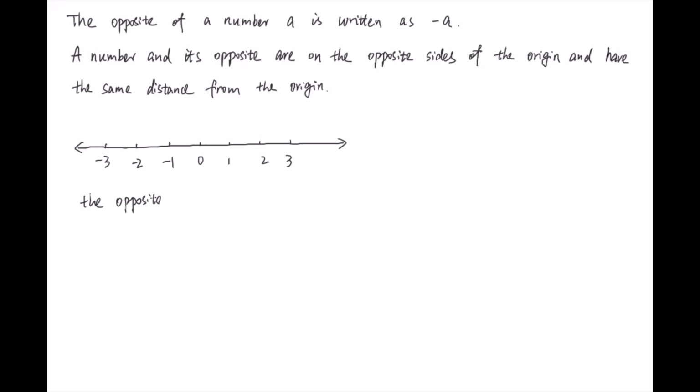The opposite of the number 3 is -3. So the number 3 is right here, and its opposite is -3. You can see 3 and -3 are on opposite sides of the origin, and they have the same distance from the origin.